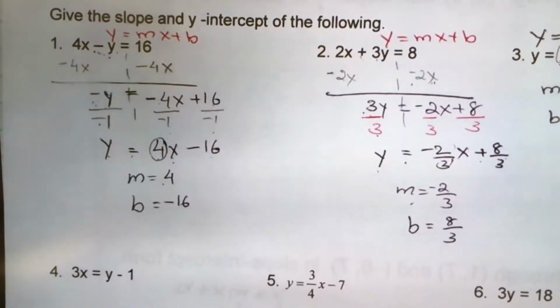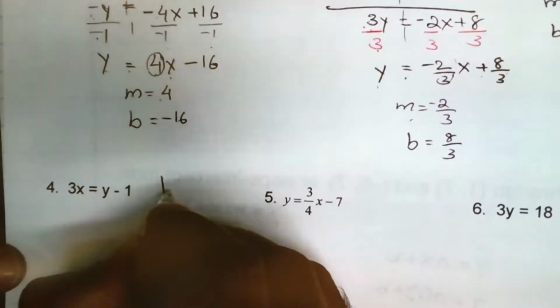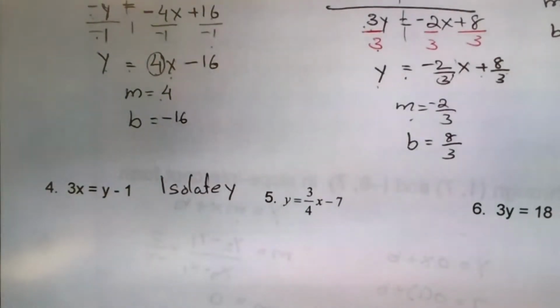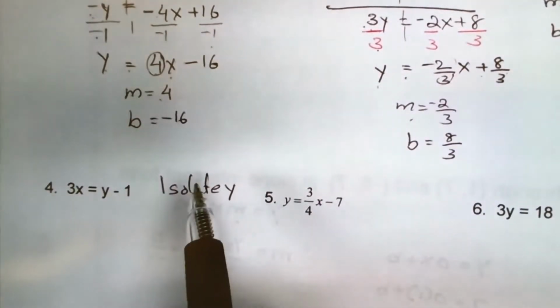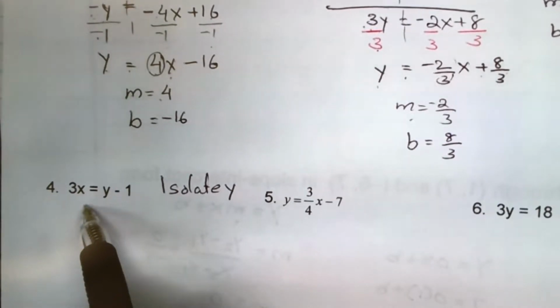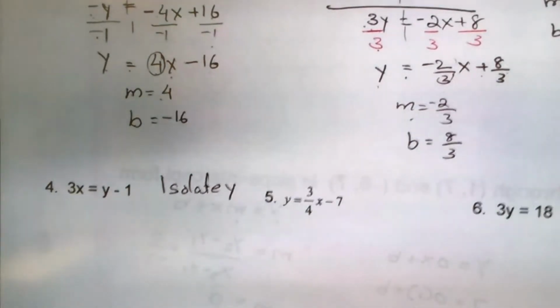Question number 4. Here I need to solve the equation for y, in the form y is equal to mx plus b. In other words, I need to isolate y. To isolate y, it is easy to move this negative 1 to the other side. So it's a minus 1, so to remove that one, add 1 on both sides.